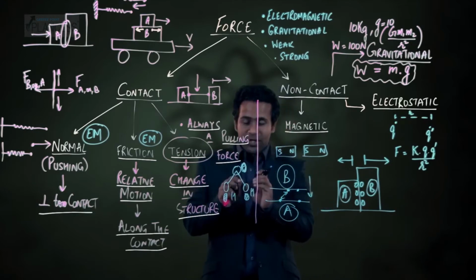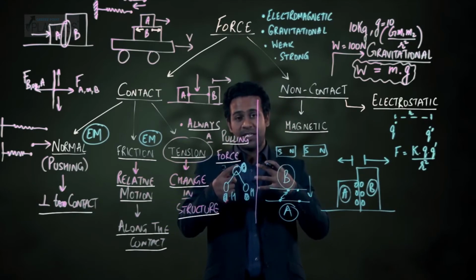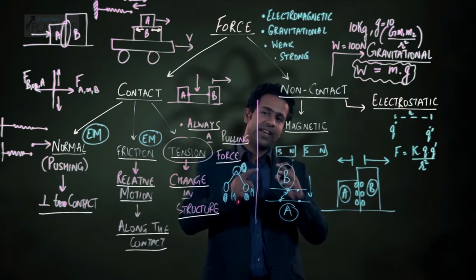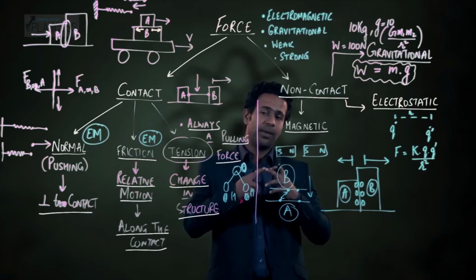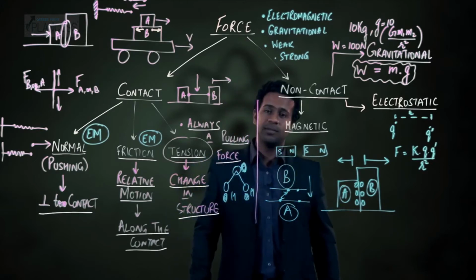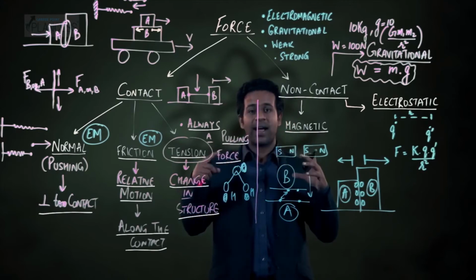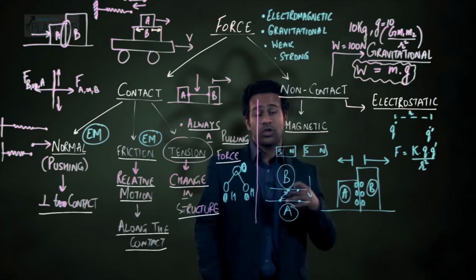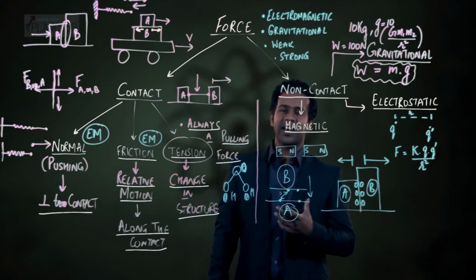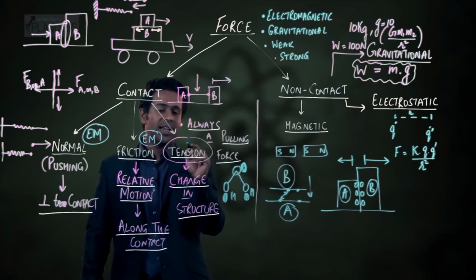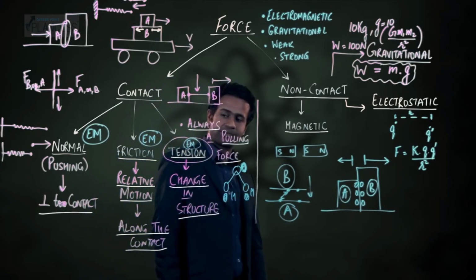So whenever you change this shape, there will be some forces which will force it to come back to the configuration, which is the equilibrium configuration. So whenever that equilibrium is disturbed, some electromagnetic forces will act and they will try to restore the shape. So this restoring force that is generated is also electromagnetic in nature, and hence tension is also an electromagnetic force.